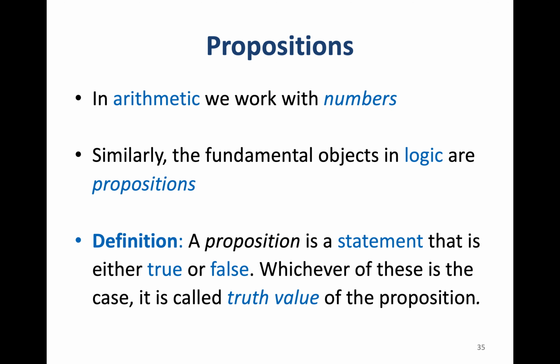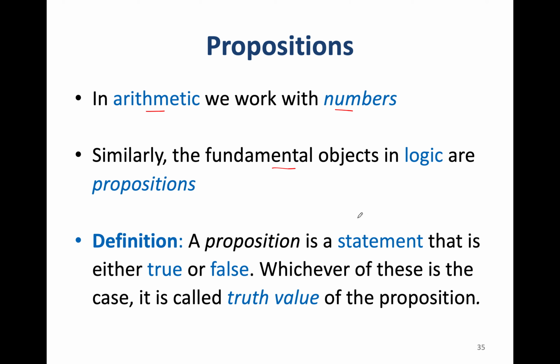Now, let's start with the propositions. A proposition is considered the fundamental object in logic. It is something like numbers in arithmetic. A proposition is a statement that is either true or false.